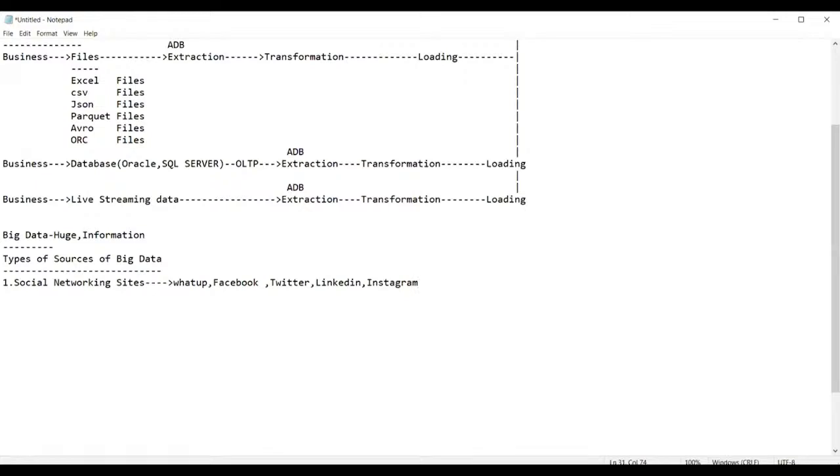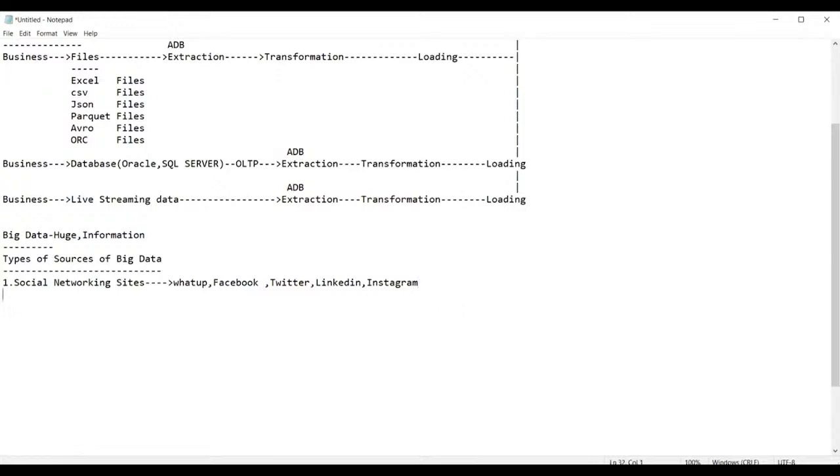All of these are called social networking sites. Social networking sites are basically referred to as a major source of getting big data.